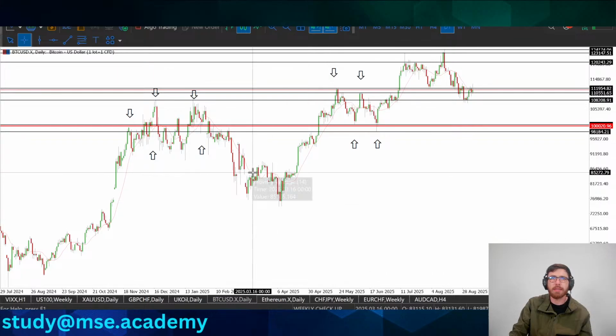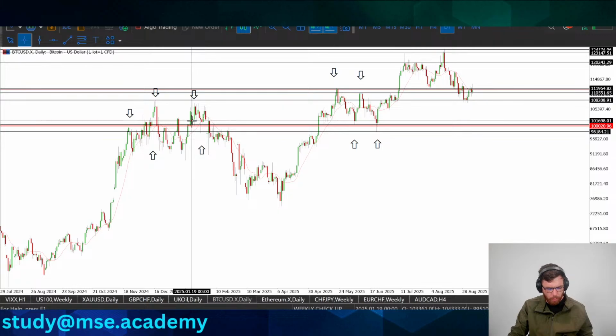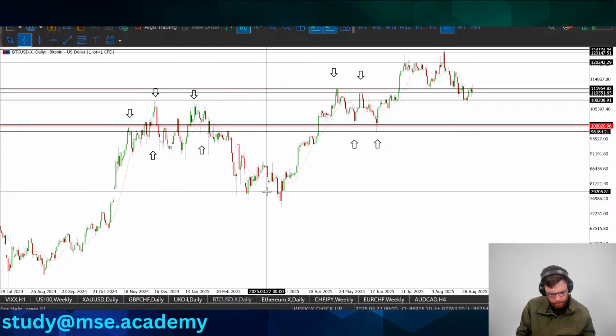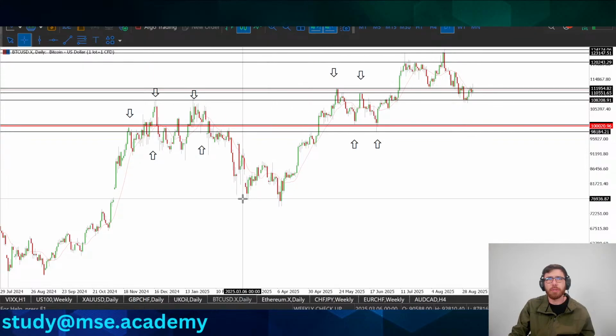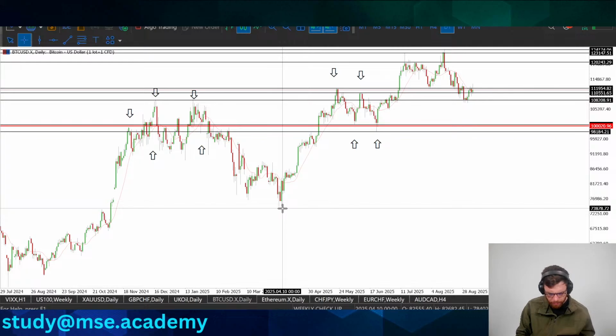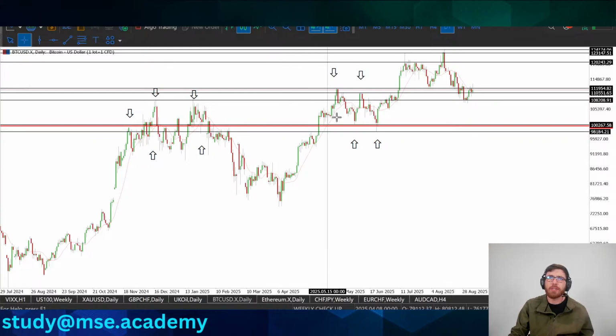So beyond that, you can see that afterwards we had a pullback, so we had that 35K pullback. I'm just going to say here 35K pullback. And that 35K pullback went all the way down to 73,800, so 73K. And then we had that very strong push.